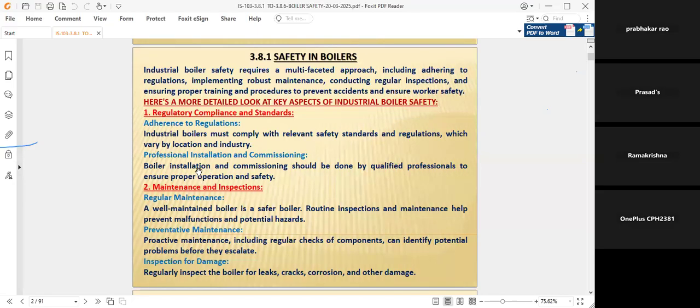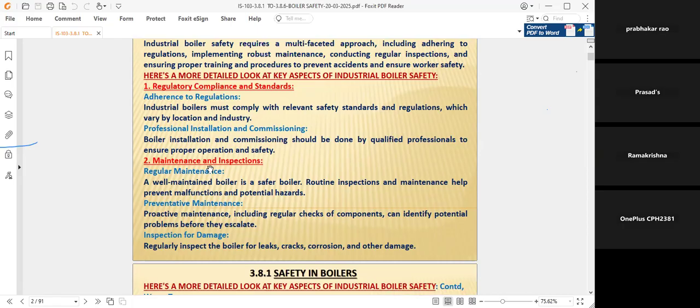Boiler installation and commissioning should be done by qualified professionals to ensure proper operation and safety. These are the first regulatory compliance standards of the industry with regard to boiler safety.